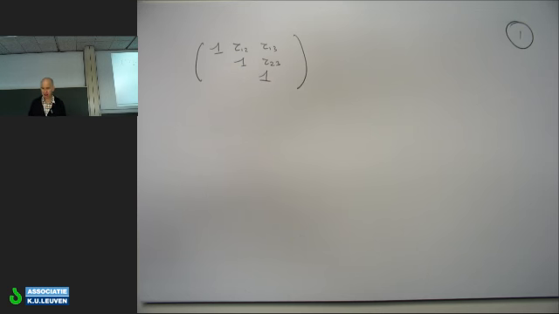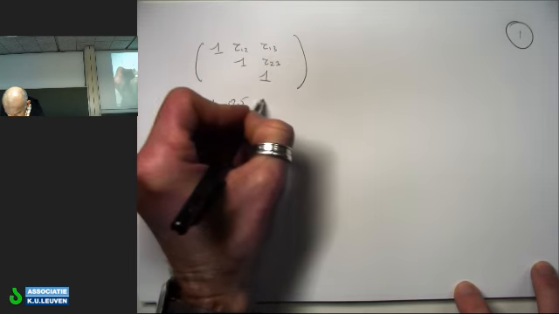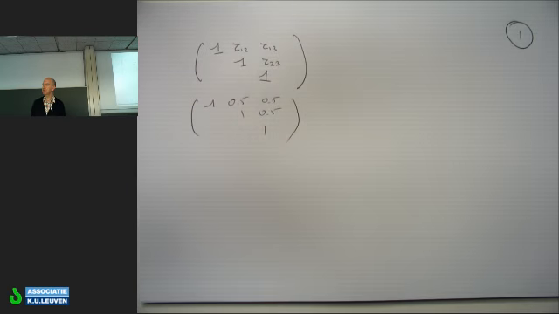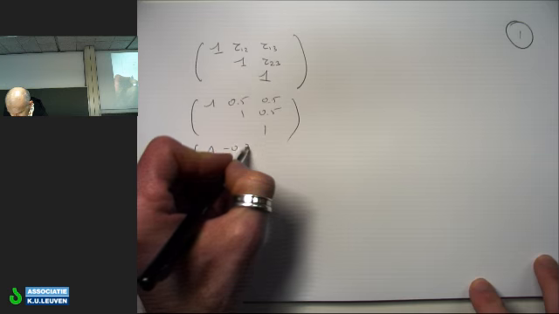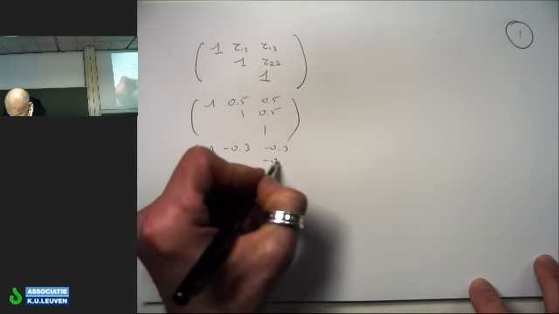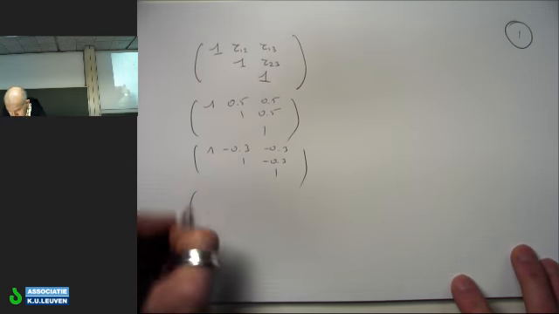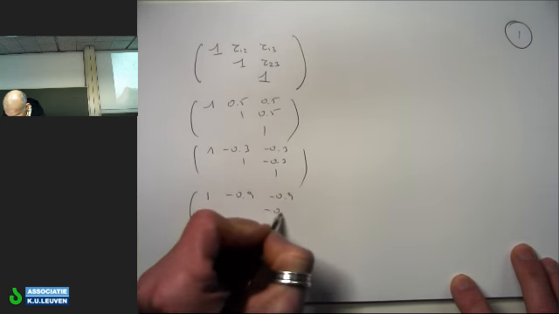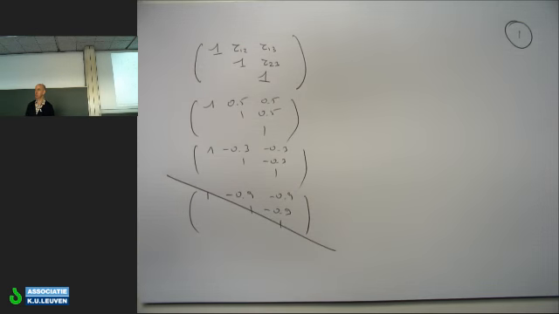So, for example, if I choose that matrix to be 0.5, 0.5, 0.5, it's valid. If I make it -0.3, -0.3, -0.3, it's valid. If I now make it -0.9, -0.9, -0.9, it's not valid. This is not a correlation matrix.